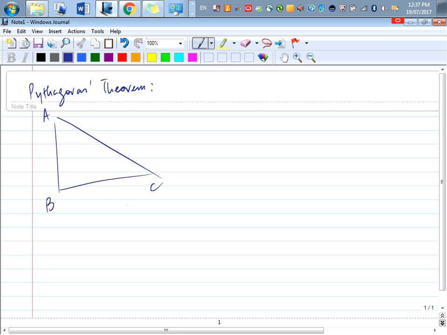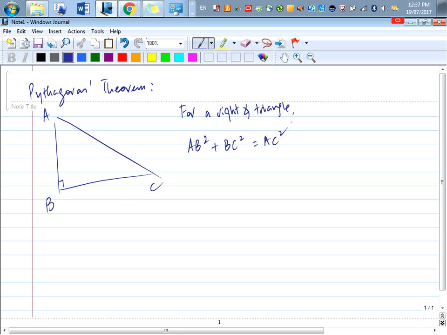A triangle must be a right angle triangle. The condition for Pythagoras theorem is it must be a right angle triangle. And what do we have? AB square plus BC square equals to AC square. Right? This is our Pythagoras theorem.